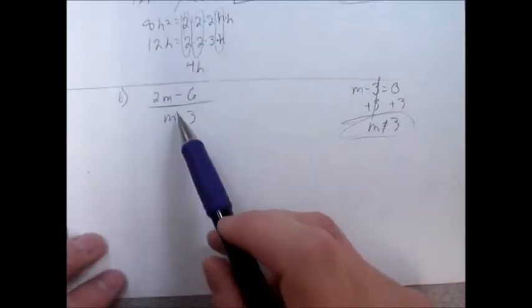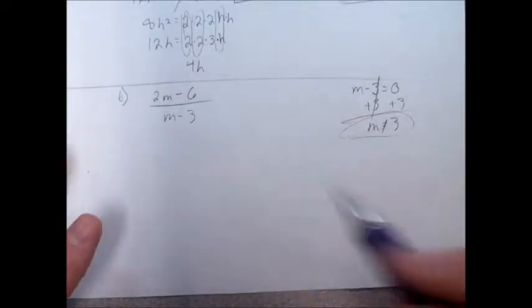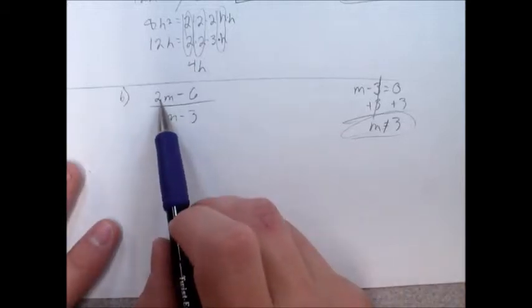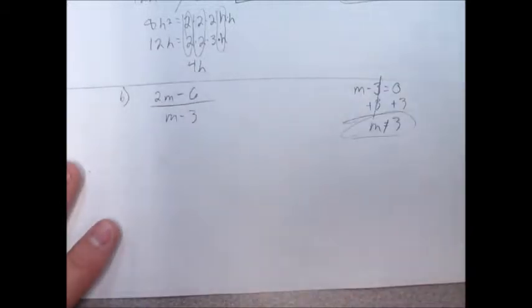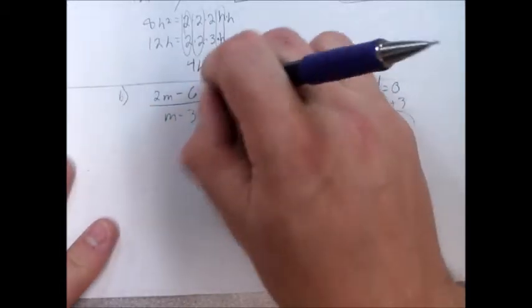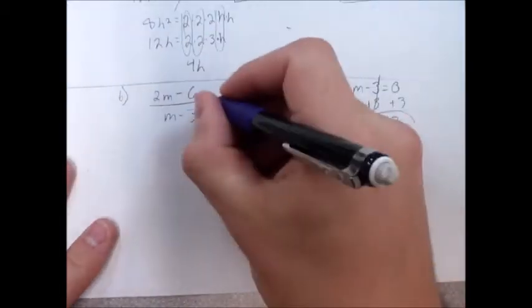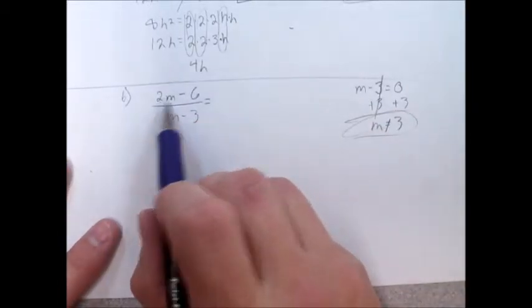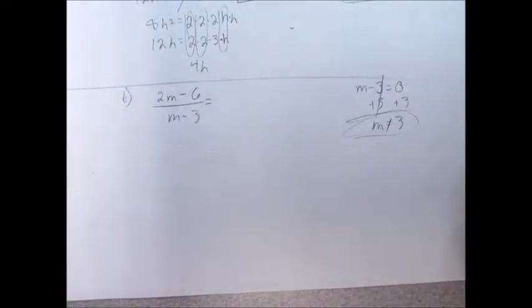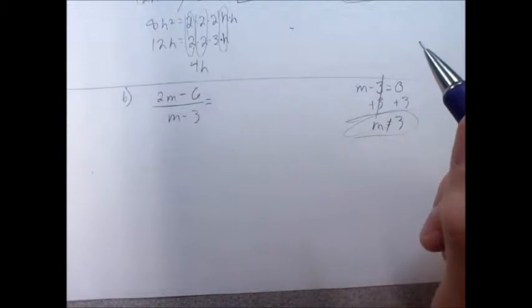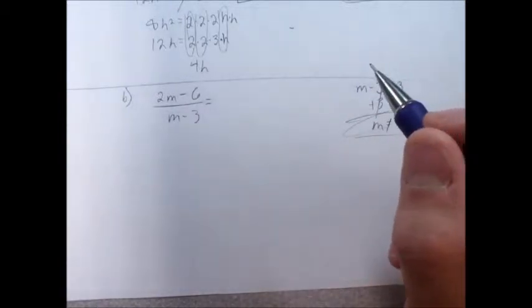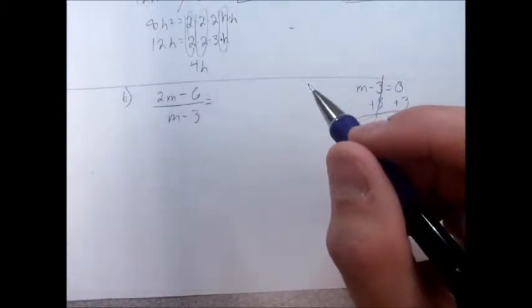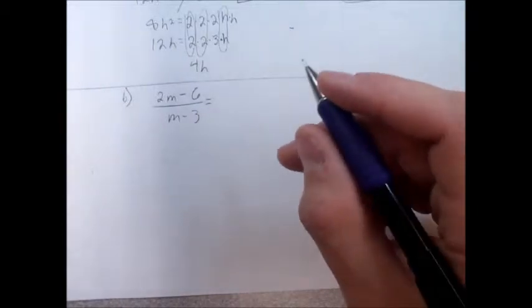Okay, I'm looking here. I'm going to say, what can I factor out? What is in common with both this term and this term? Then I'll ask myself the same question here if I can do anything with that. So let's start with the numerator. It's the top. What do I realize about 2m and 6? Saxon's really nice to you. They make problems easy, so take advantage. What can I factor out of 2 and 6? I can factor out a 2. They're both even, right?